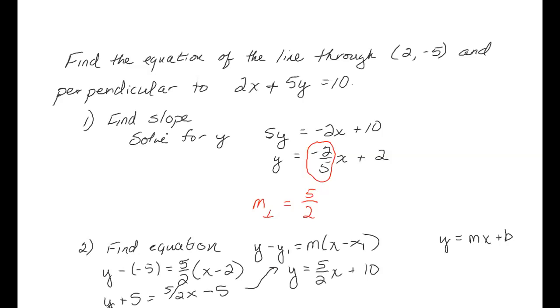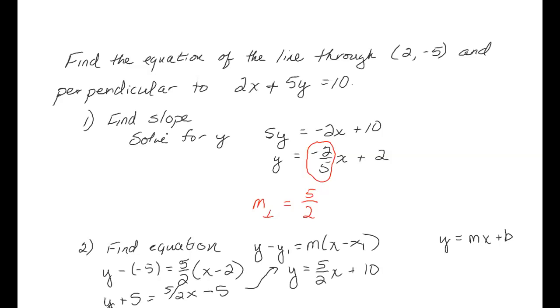So if they're getting fractions, the fractions might be showing up when they're distributing that 5/2. In this case, 5/2 times 2 was 5, so we didn't end up with a fraction. But it could be coming from there, if they're getting fractions in their answer and there weren't fractions in the original point. Now, if you're using the y equals mx plus b equation, this still works the same way. You just plug in the info you know.